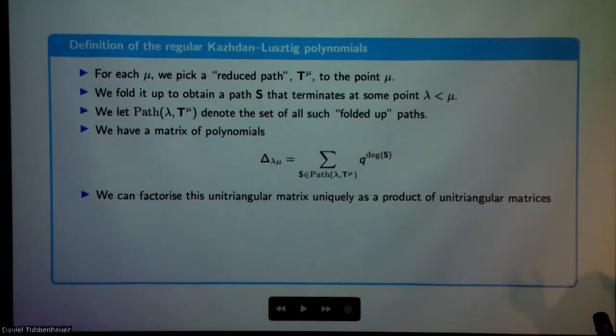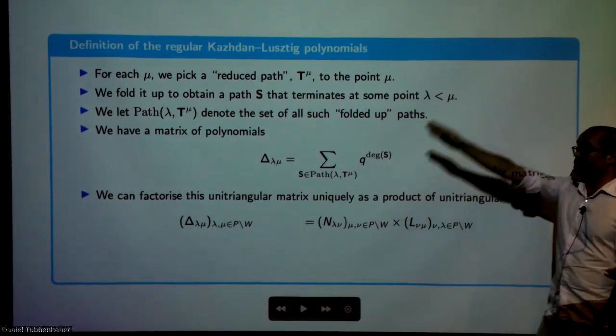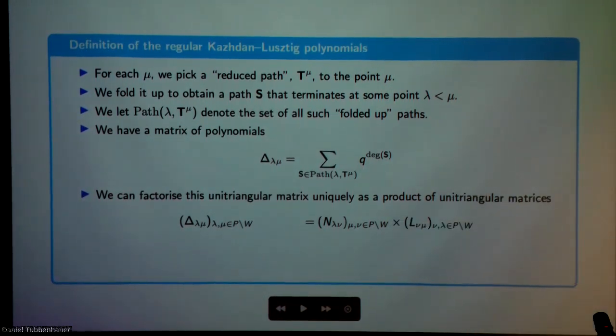So the miracle of Categorification theory is that if you take this path, well, I guess it's not really a miracle. I think it's probably true in general about matrices. If you take a matrix which is unitriangular, because of course you just get to pick your favorite path, and you don't fold it up at all, so you get ones on the diagonal.